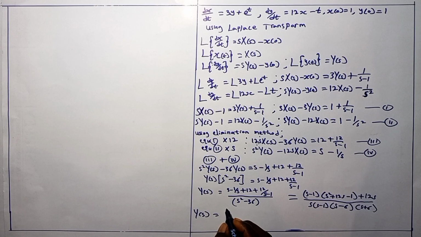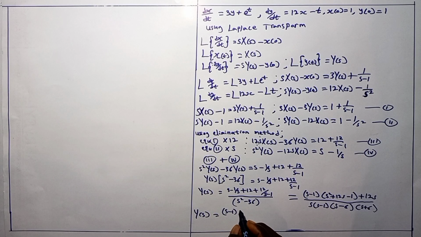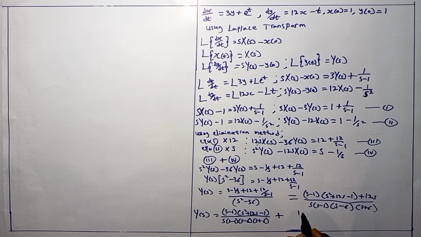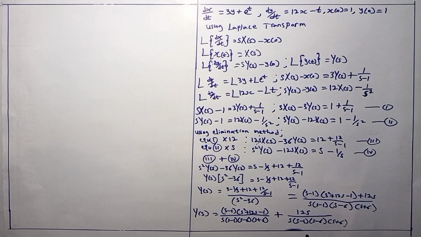So I can say s minus 1 squared plus 12s over s minus 1, s minus 6, s plus 6, and plus 12s over s minus 1, s minus 6, s plus 6.